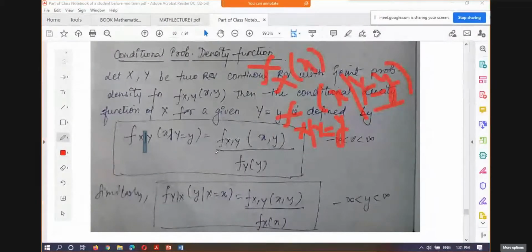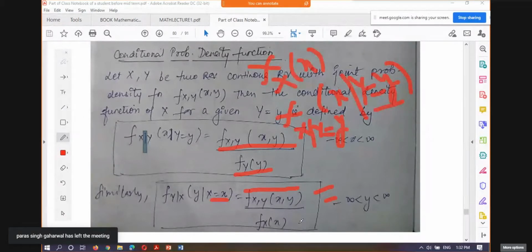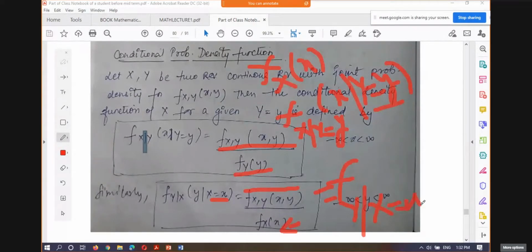It is written as f xy, that is the joint density function of xy, divided by the marginal density function of y at small y. Similarly, the conditional density function of y given X equals small x is the joint density function of xy divided by the marginal density function of x at the point small x. Here y is the variable, and we are conditioning on X equals small x.